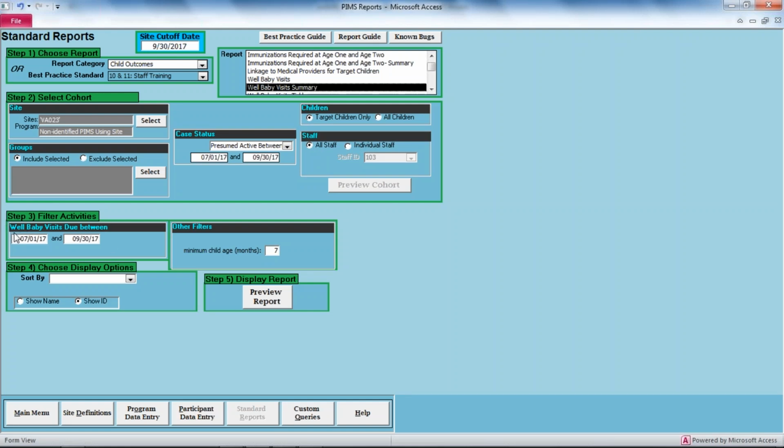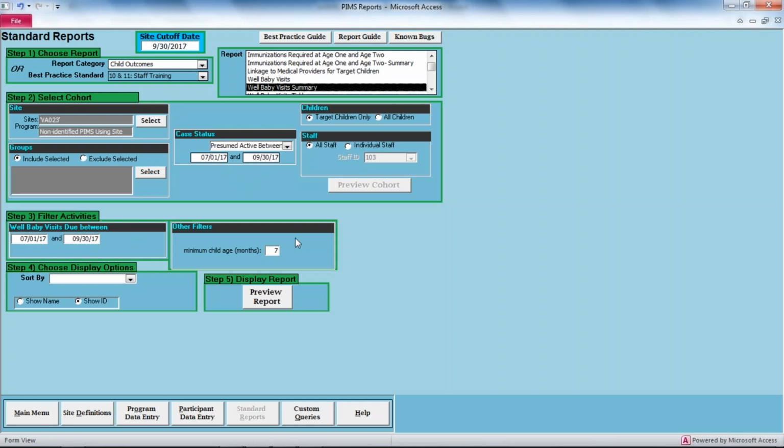This box now limits this to the well baby visits that occurred, and you want it to be in the same period. So people who are active 7/1 to 9/30, and well baby visits that were due in that period.